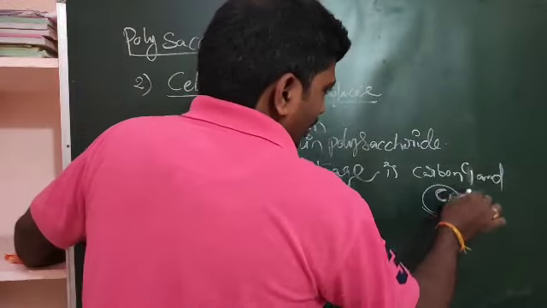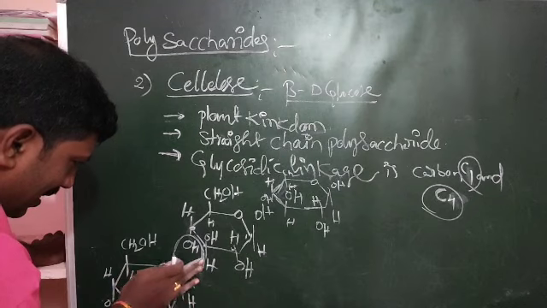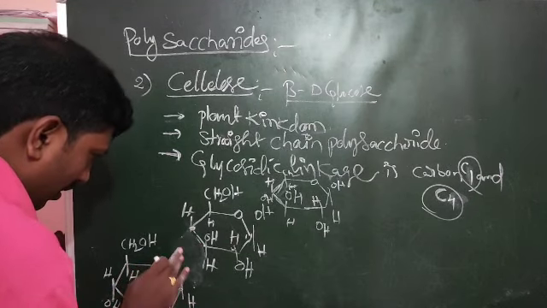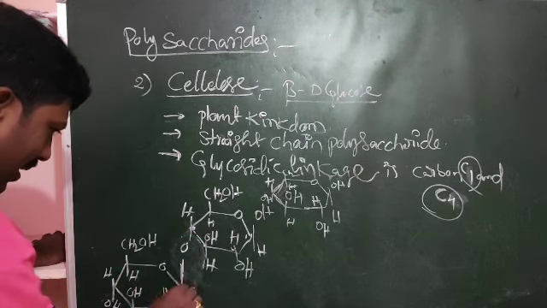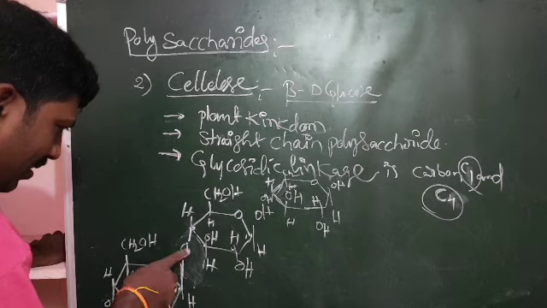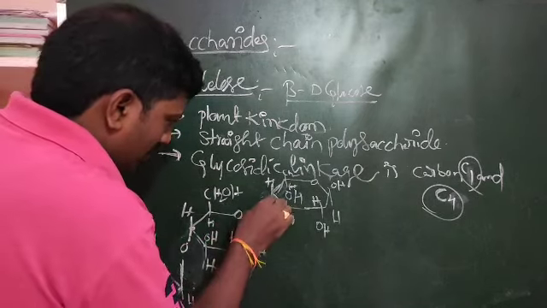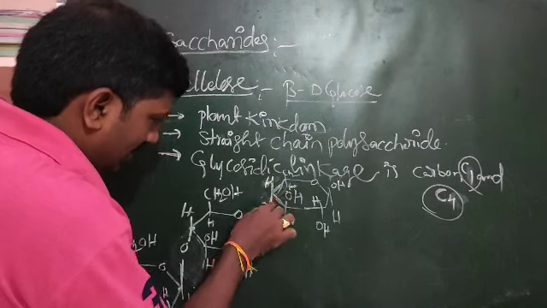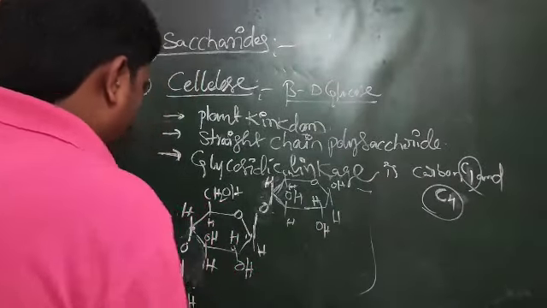That's why the fourth and first carbon form a glycosidic linkage due to loss of a water molecule. So here this O connects like this. Here OH, here H, H2O will be removed. Here also same. Here O connects like this, OH will be removed.